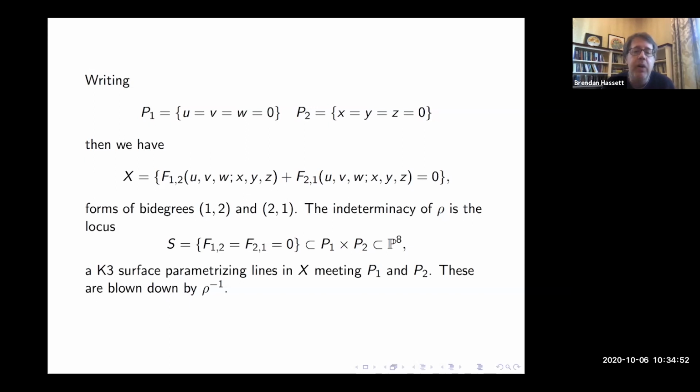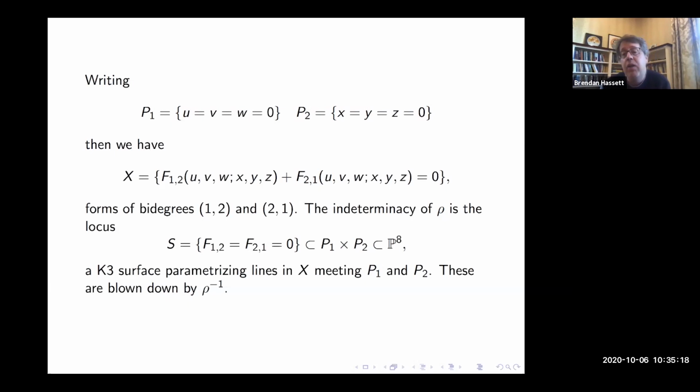And the defining equation can be written as forms of bidegree 1, 2, and 2, 1 in the corresponding 2 triples of variables. The reason why I'm doing this is that the indeterminacy of the map from P1 cross P2 into X just coincides with those lines that are in fact contained in X and incident to the 2 planes.